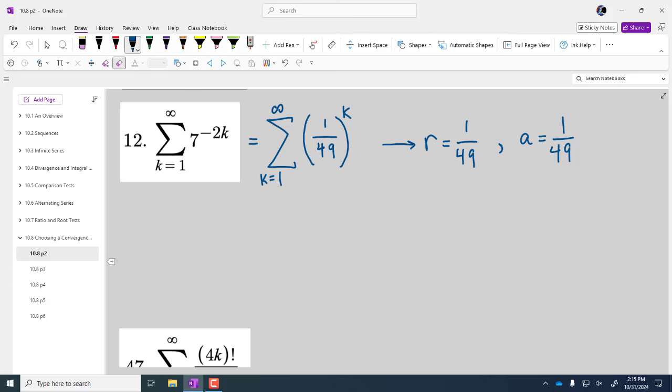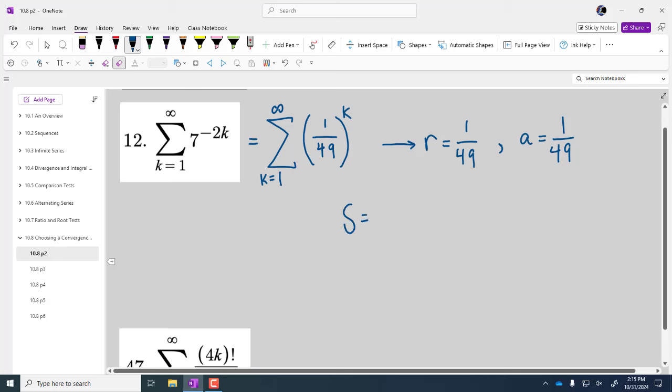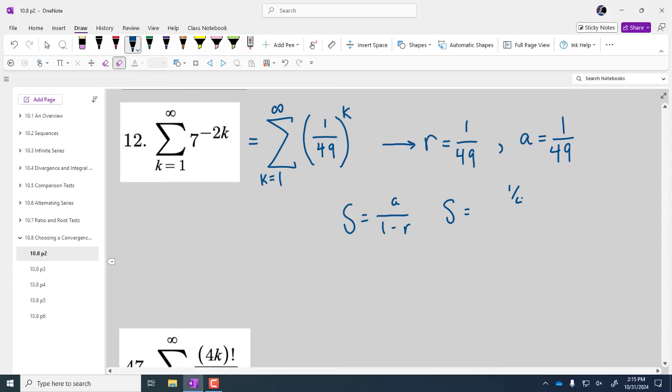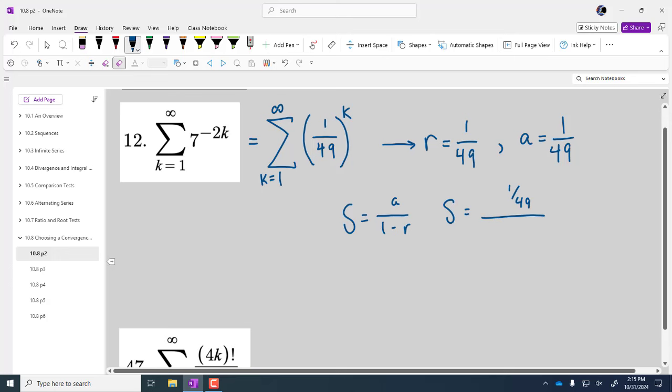And then for a geometric series that's infinite, S is equal to A over 1 minus R. So for this particular case, we have A divided by 1 minus R. And if you multiply everything by 49, it simplifies really fast. And this will be the sum of the series.